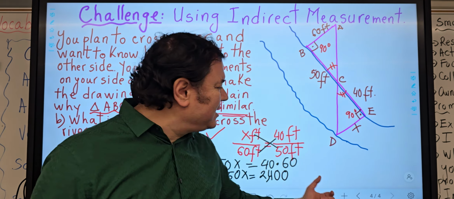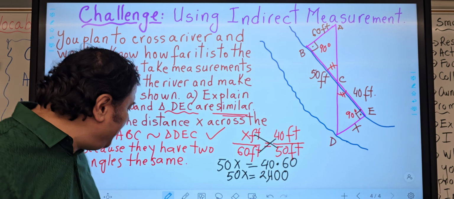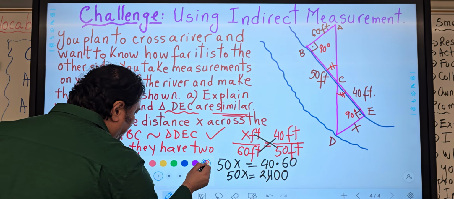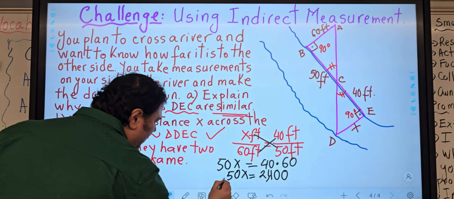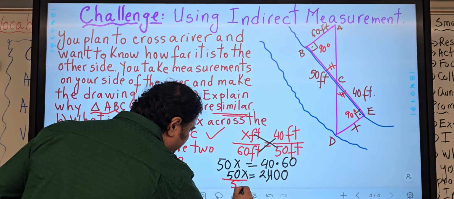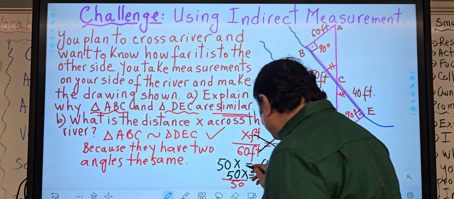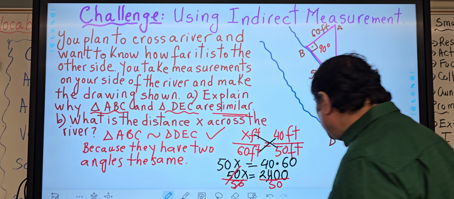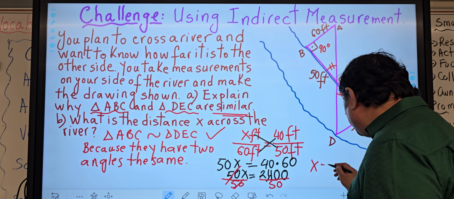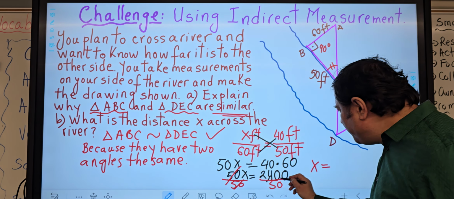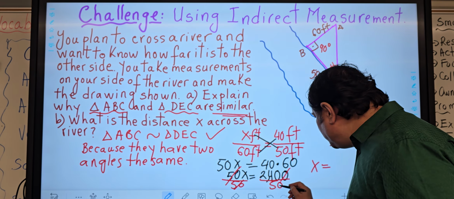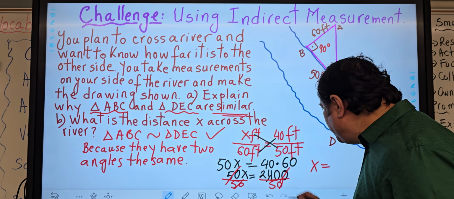Now we just simply need to solve for x. So to solve for x, we have to divide both sides by 50. Obviously 50 and 50 simplify, so we get x by itself. We can cross out a 0 from the top and a 0 from the bottom.